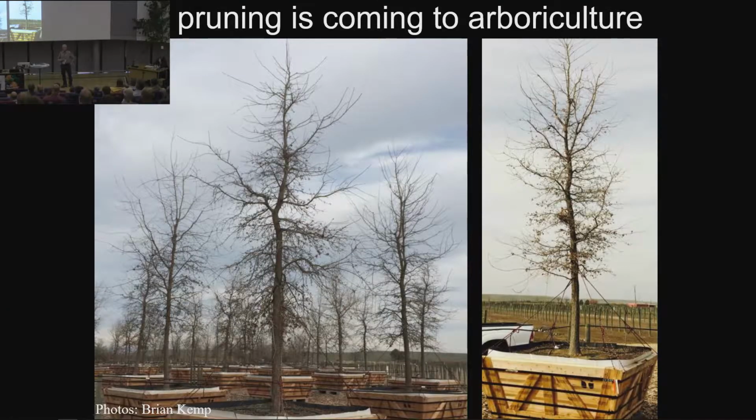And there are some examples of this knowledge coming to arboriculture. So for example, here's 100 or so of about 7,000 trees that went in to Apple's headquarters over the past 8 years or so, and very trained individual.